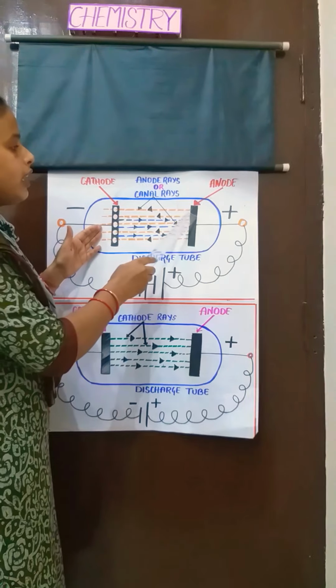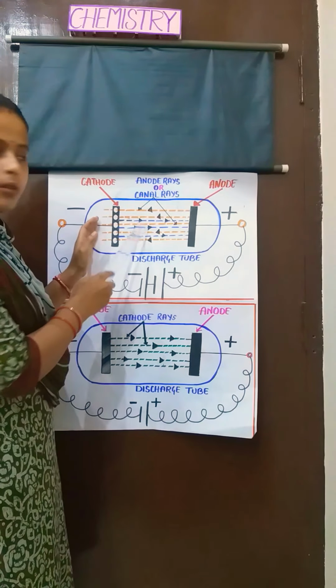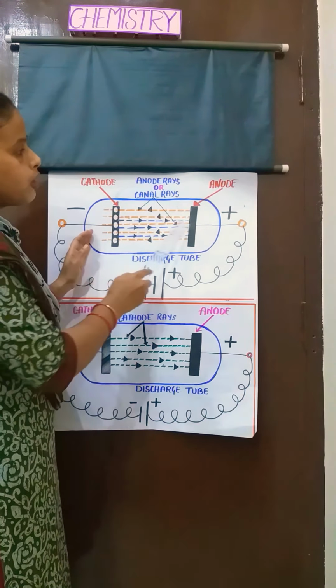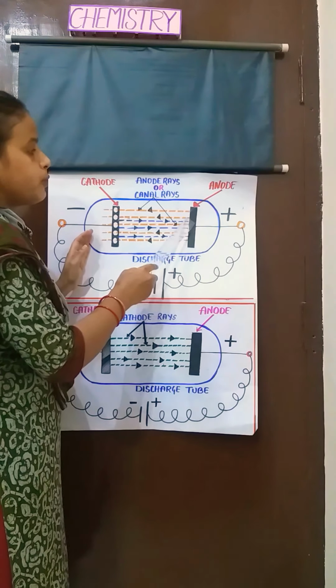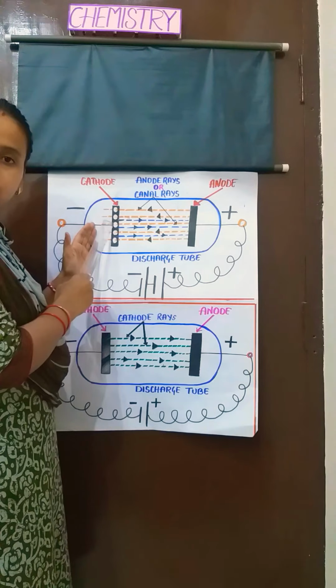So these rays are called anode rays. Why? Because they come out of the anode and move towards the cathode.